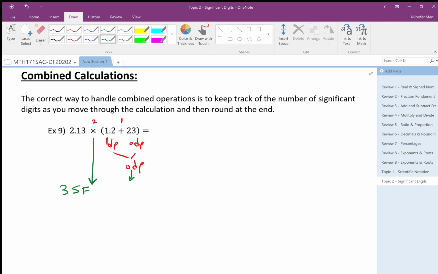I need to find the answer, and I consider if I round my answer to 0 decimal places, how many significant figures I get.